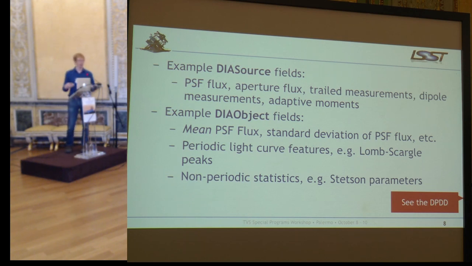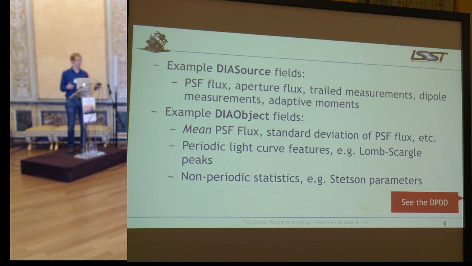DIA object is that summary of the DIA sources. So it's almost always of the form: it's a mean of all the PSF fluxes seen in the DIA sources associated with that object. We go back 12 months, so we're always giving you a summary of the past 12 months history of whatever that object was at that position on the sky.